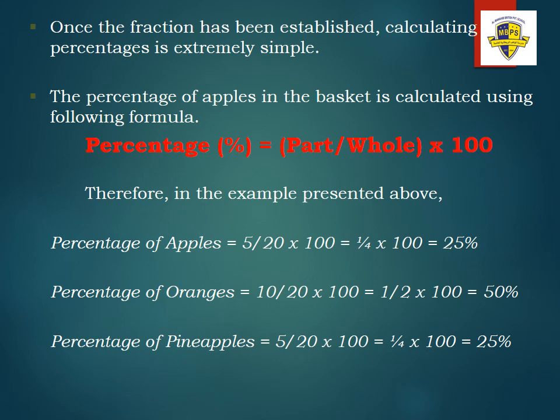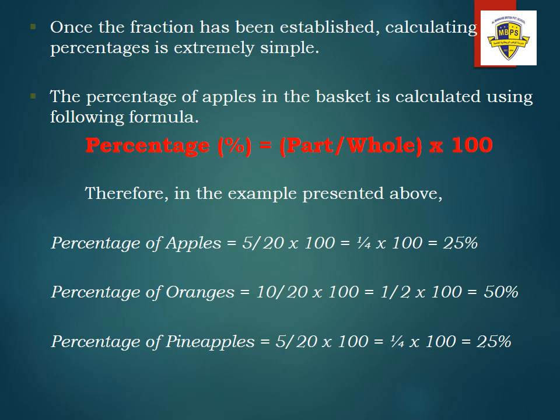The percentage of apples in the basket is calculated using the following formula. Percentage equals the fraction multiplied by 100. Therefore, in the example presented above, for the percentage of apples, we multiply the fraction of apples by 100.